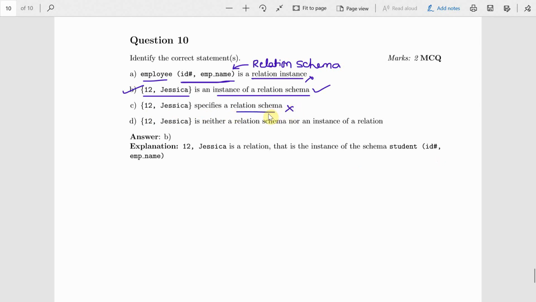It is incorrect, because a schema specifies the structure, but this is data, and the data is called an instance, meaning the data in the table at that particular time. So option B is correct. Option D says 12 Jessica is neither a schema nor an instance. It is incorrect, so option D is also incorrect. So the answer for this question is option B.